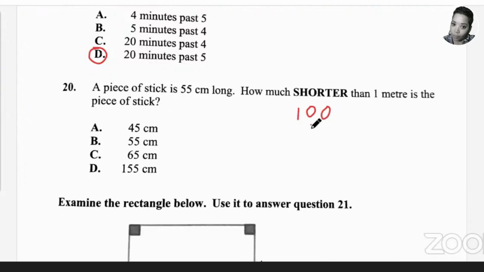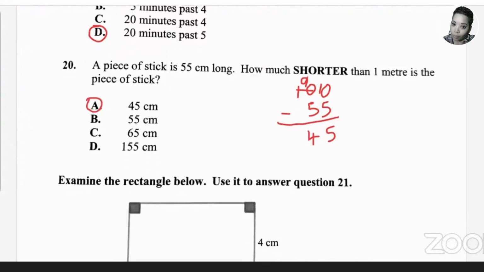If we subtract 55 from 100, to see how much shorter, this would be 9, because we need 1 over here. That's 5, 45. So it's 45 centimeters shorter than a meter. So the answer is A. You would have to subtract to find the answer.